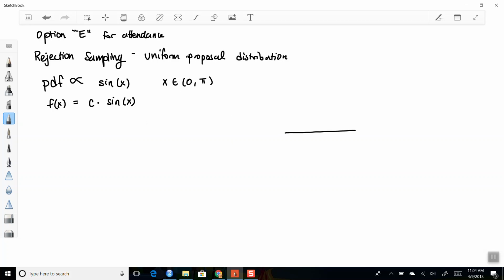So our PDF looks like this. It's the sine function from 0 to pi. And in order for it to be a PDF, this whole thing has to integrate to 1.